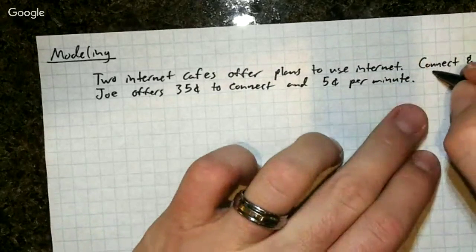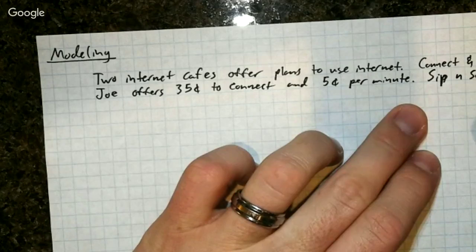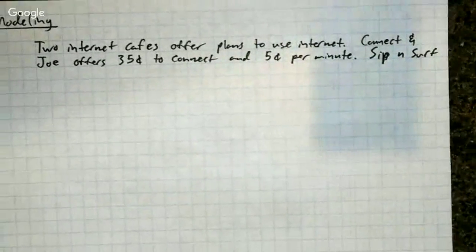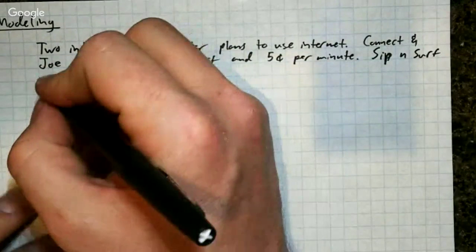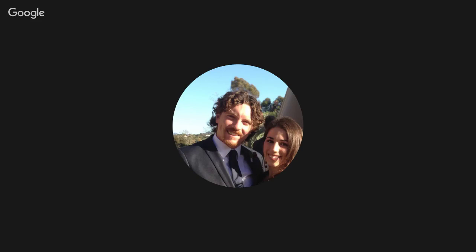Now the other one, which I'm going to call, and I like this name better that I came up with, Sip and Surf. I think I could make good money off that. Sip and Surf offers 15 cents to connect and $0.04 per minute.